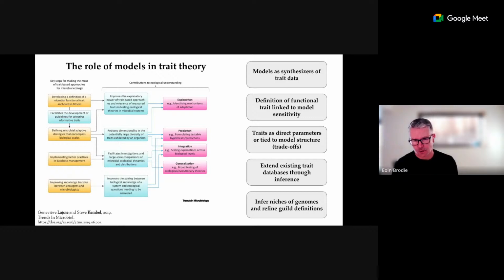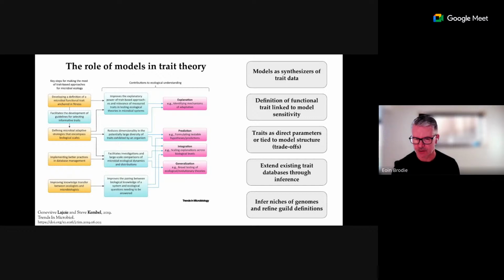I'll say a really important part of this is using numerical models. Models allow us to synthesize the trait data and their interactions. We can use models to define functional traits, such as the sensitivity of the model to a changing value of a trait parameter, which allows us to put a rank order of the importance of that trait in a given context.